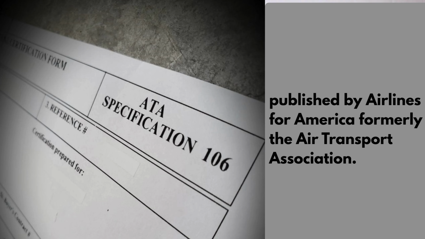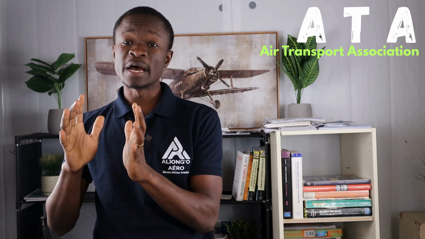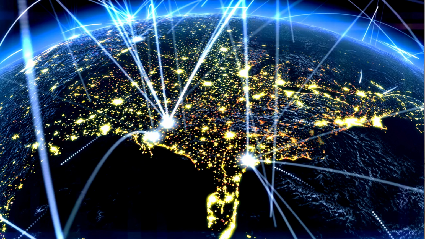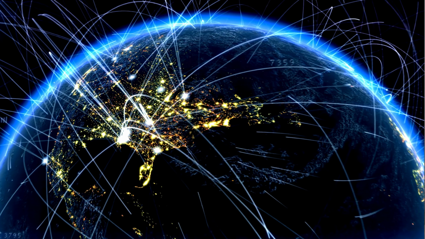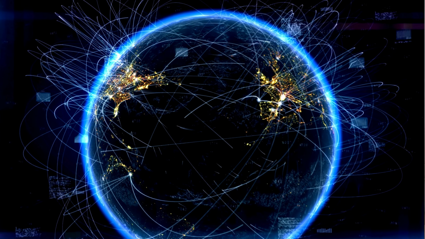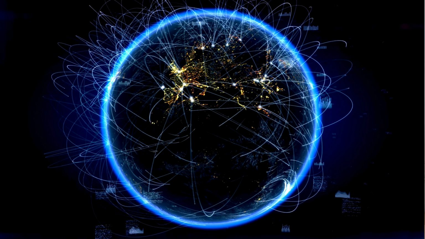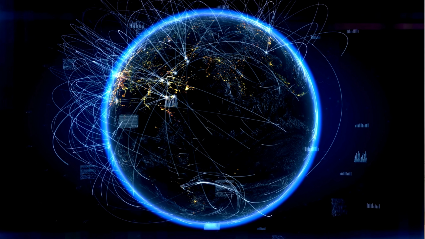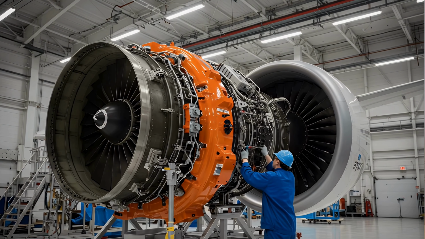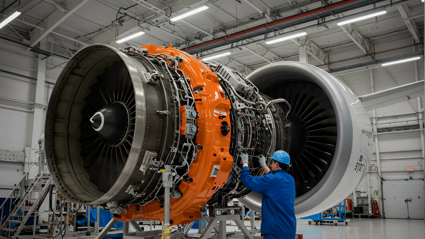This is published by the Airlines for America, formerly the Air Transport Association. That's why ATA, Air Transport Association. So ATA Spec 106 is a globally recognized document that basically defines how we in the aviation industry describe the condition of every single aircraft component.